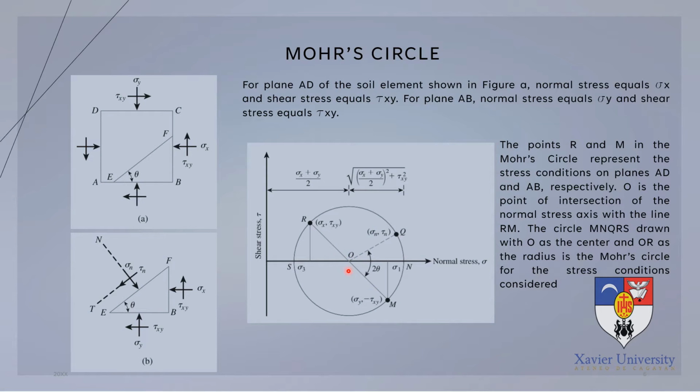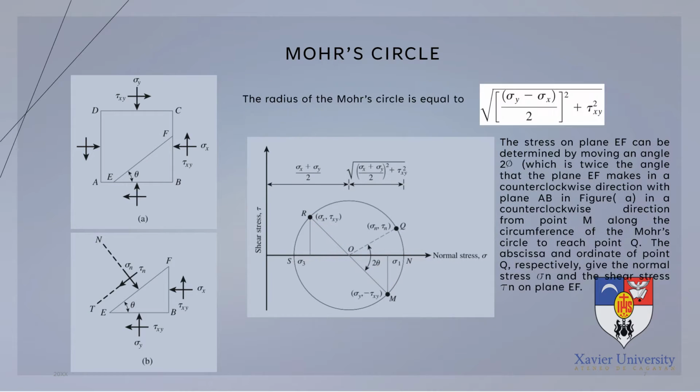So for the circle MNQRS, OR is the radius, and the center is O. If this is our circle, our center would be O, and our radius is equal to OR, or OM either.